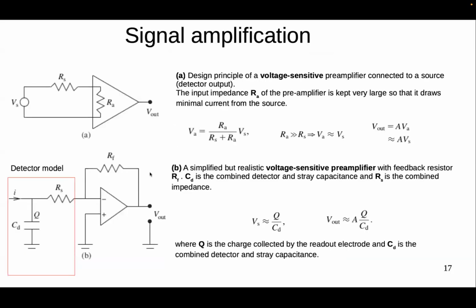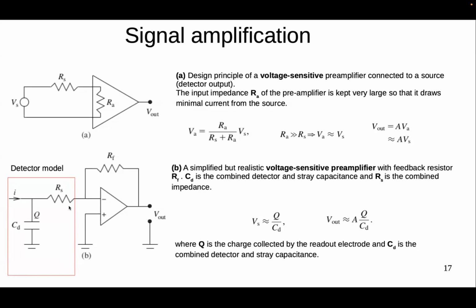As we saw here, the characteristics of the output will highly depend on the capacitance of our detector. So to calibrate and have a well controlled output, we have to know very well the characteristics, in terms of capacitance or impedance, of our detector.